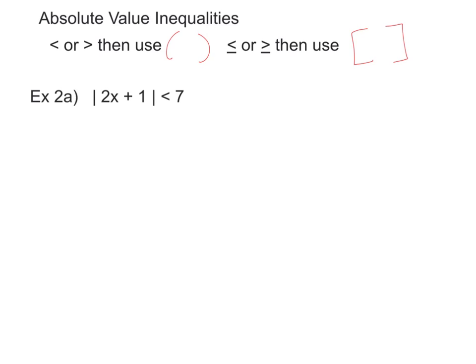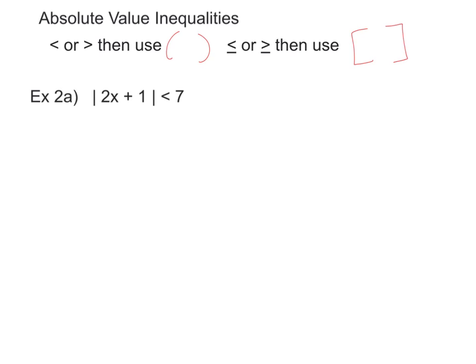So remember, just like we did our absolute value equations, you're going to have to split this up into the positive and the negative. Now something else when it comes to inequalities, remember that anytime you multiply or divide by a negative, that's when you have to flip that sign.